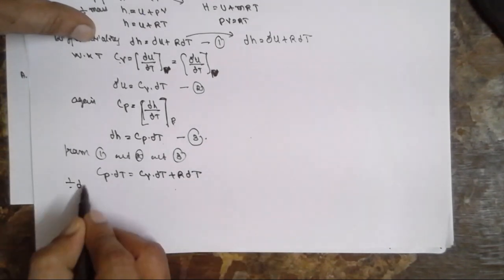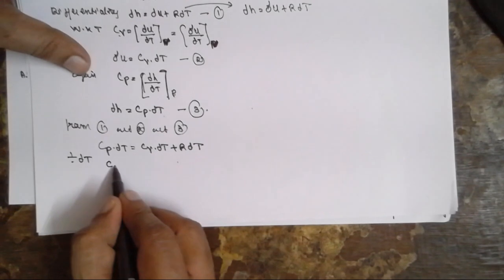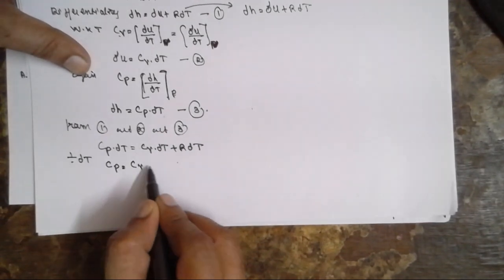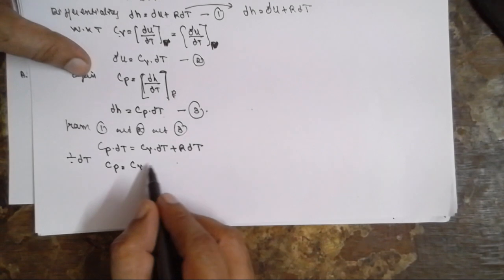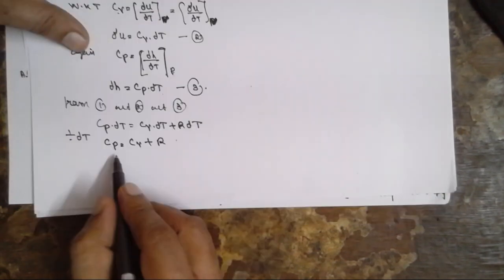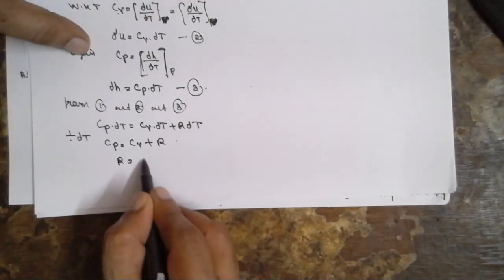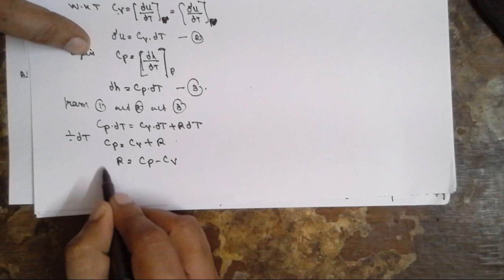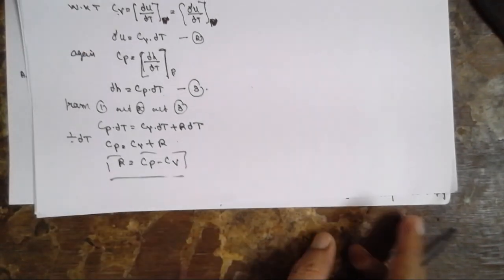Now divide by dT, it becomes Cp is equal to Cv plus R. Further it can be written as R is equal to Cp minus Cv. This is an important formula to solve problems.